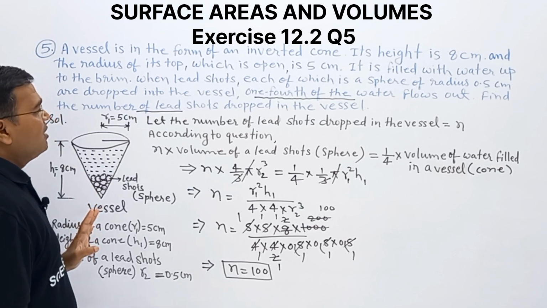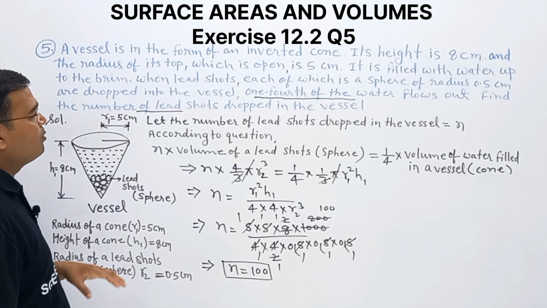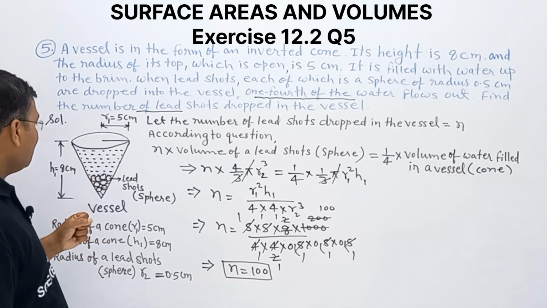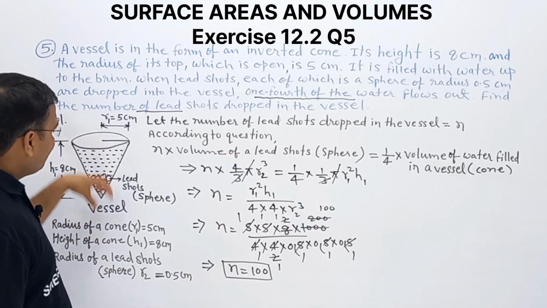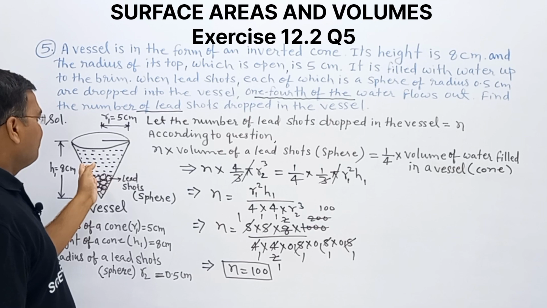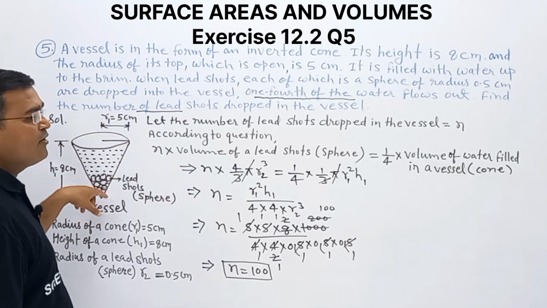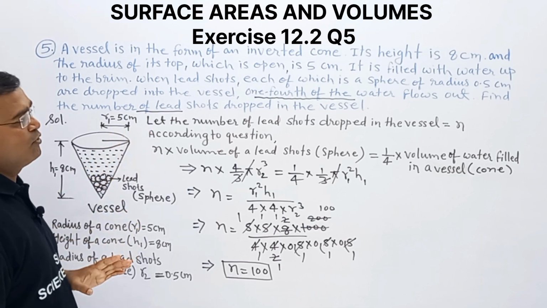Now we require the number of lead sources dropped in this vessel, in this cone, and one condition we have: whatever lead sources we drop in this cone, water flows out, and the volume of these lead sources equals 1/4 of the water that flows out.